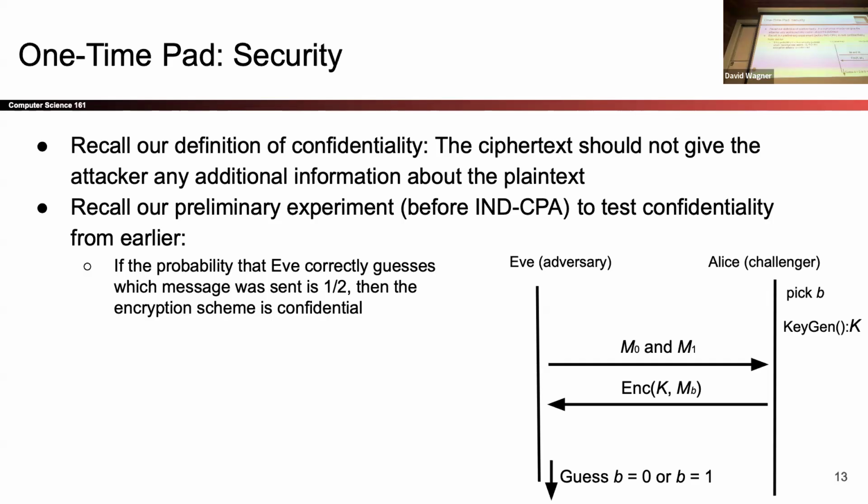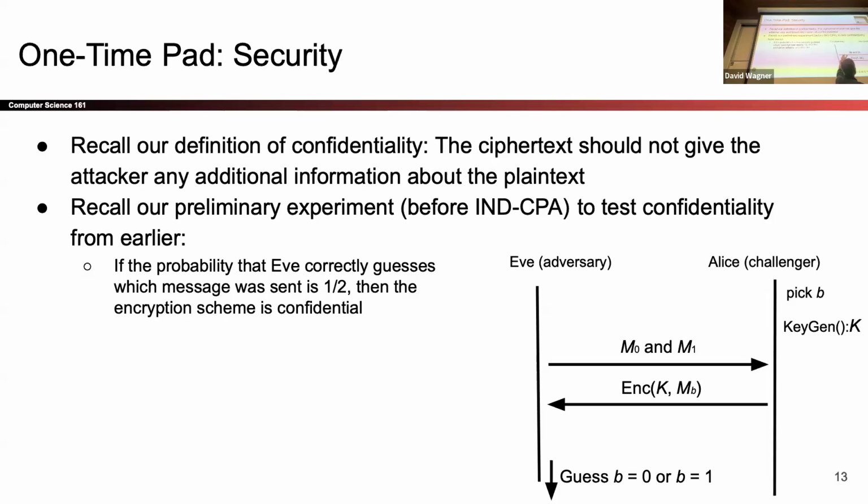So this is now thinking about security even in the worst case, where Eve already knows that Alice is sending one of two messages. And actually, Eve can even pick which two those are, to be as different as possible, or to make it as easy as possible for Eve to somehow break the encryption.